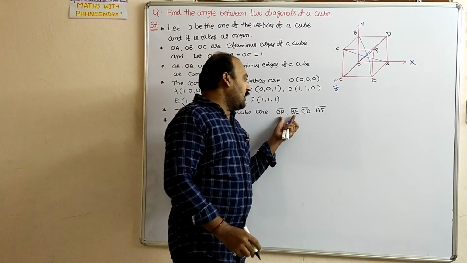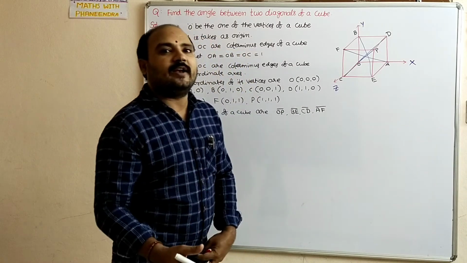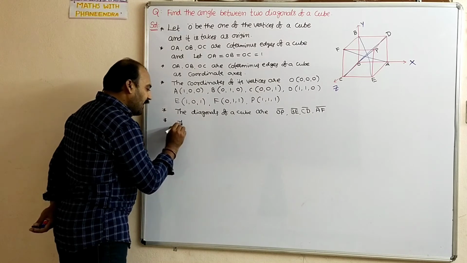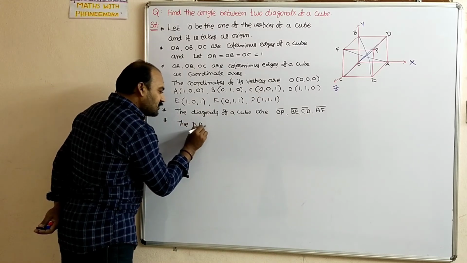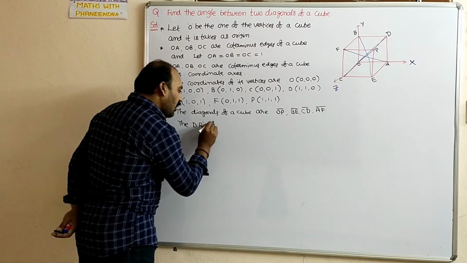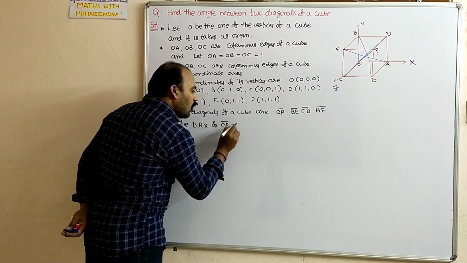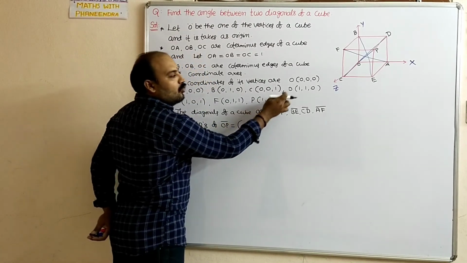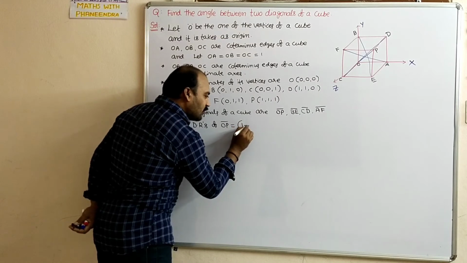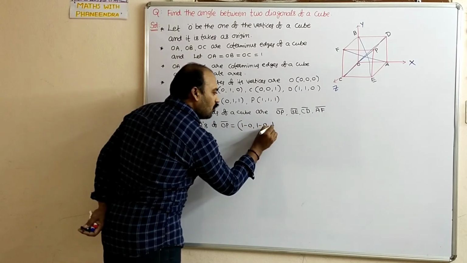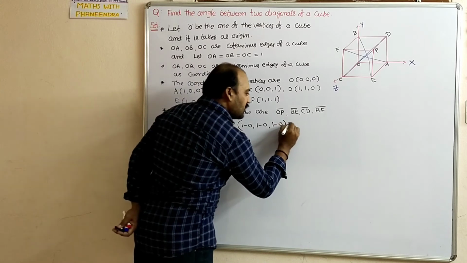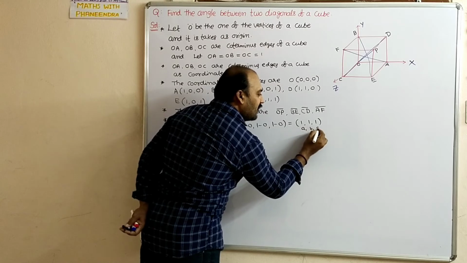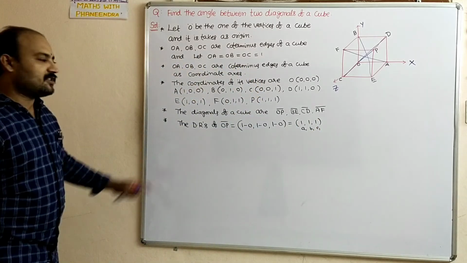To calculate the angle between the two diagonals, we need to calculate the direction ratios of the two diagonals. First, the direction ratios of the OP diagonal. OP means P point minus O point. P point is 1, 1, 1 and O point is 0, 0, 0. So 1 minus 0, 1 minus 0, 1 minus 0 means 1, 1, 1, which are denoted by a1, b1, c1, the direction ratios of the first diagonal.